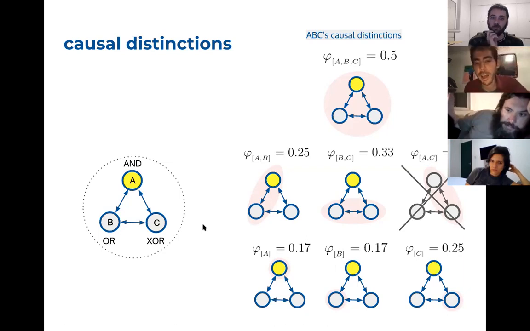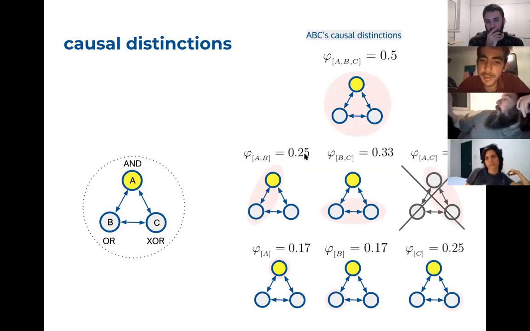It has higher order distinctions, but not all of them, and they are irreducible. The amount they are irreducible is this small phi. So all this composes the irreducible components of the system, ABC.